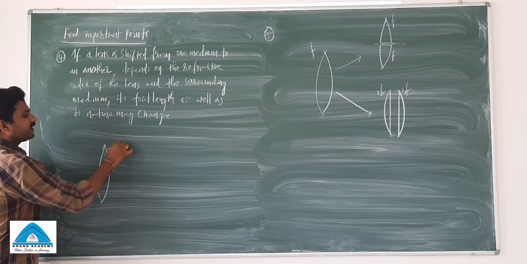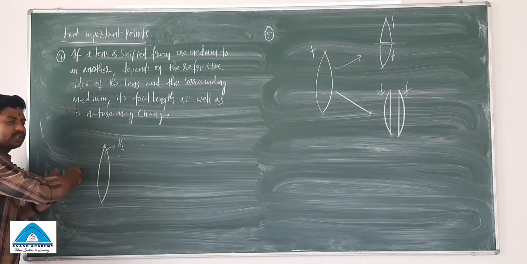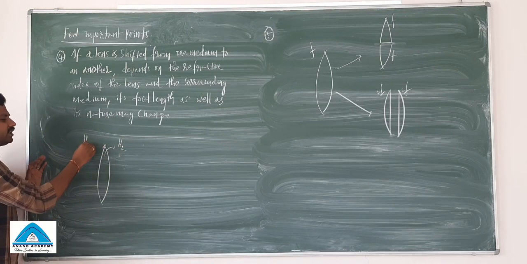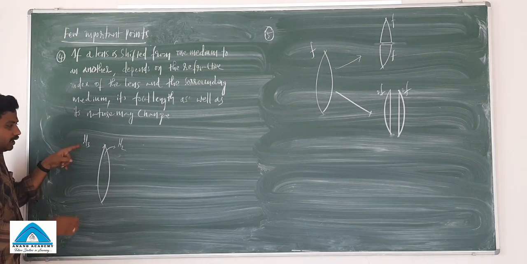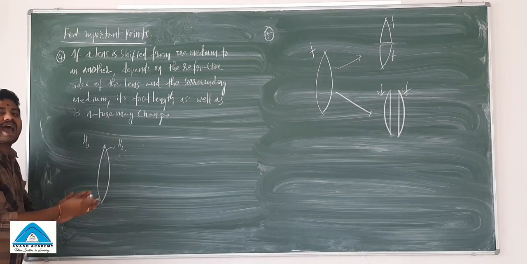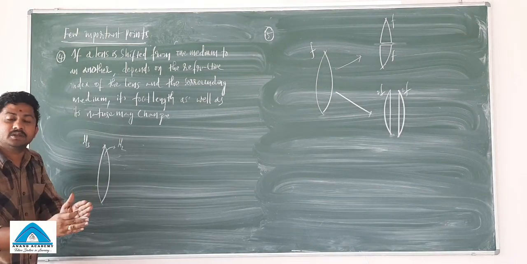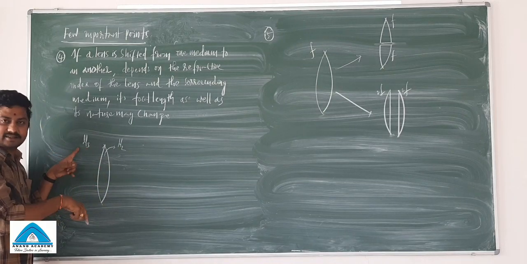Here, the refractive index of the lens I am writing as mu L, and the refractive index of the surroundings I am writing as mu S. This is a convex lens, which behaves as a converging lens because the refractive index of the surroundings is less.